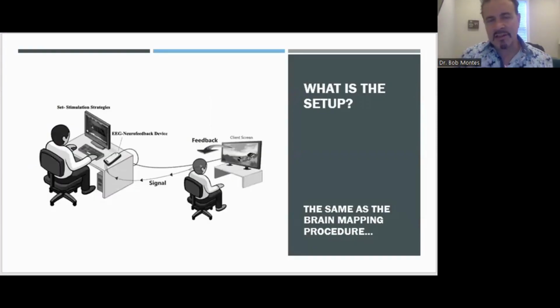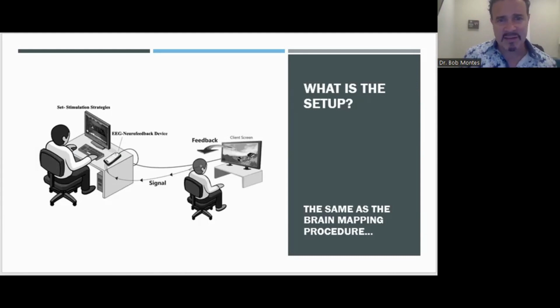Now, similar to the EEG that your individual was given at the beginning, where we map the brain, we provide the same map for the individual and place this on their scalp, and they can then watch in real time while they receive rewards for what their brain is doing. Now, notice that the shaping process occurs with the individual attached to sensors that then send the signal into the amplifier right here, then into the computer, which then emits a signal from the screen in front of the individual.